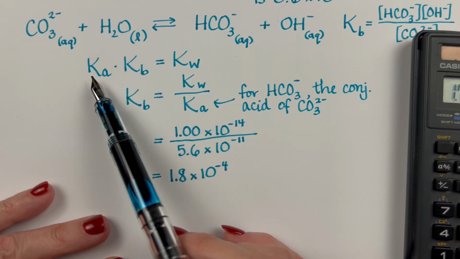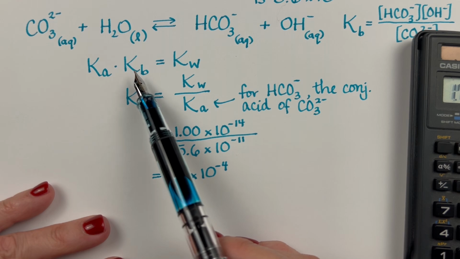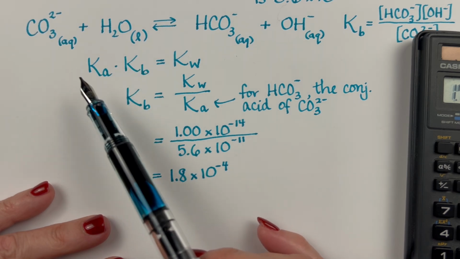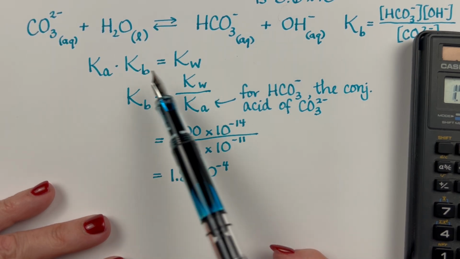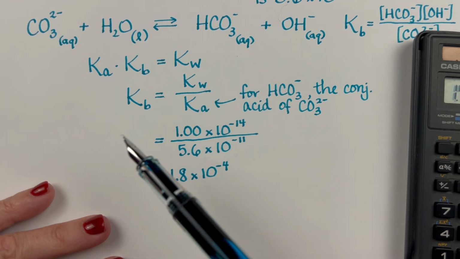So the stronger the conjugate acid is, the weaker the conjugate base is, and vice versa. Alright, so that's how mathematically that relation can be seen.